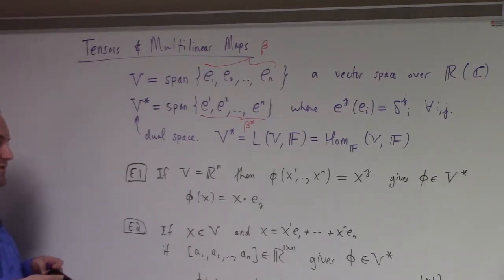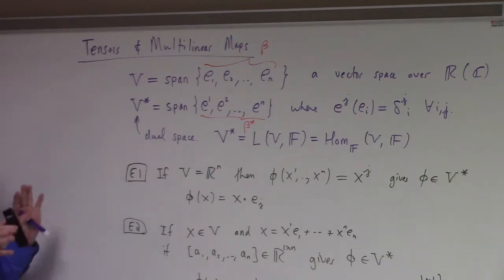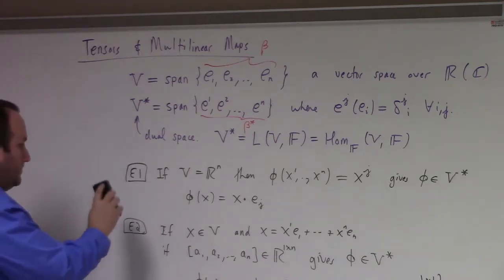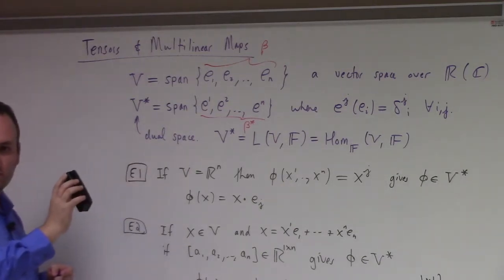I'll talk about that a little bit later, but what I want to get back to is how to build tensors from the basis and the dual basis. So, are we good?